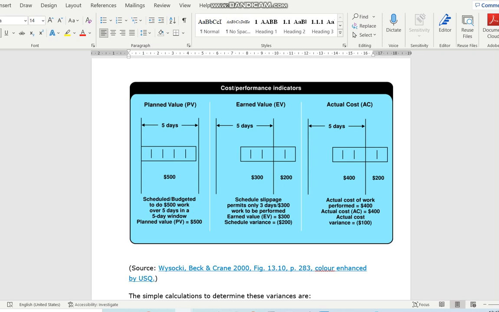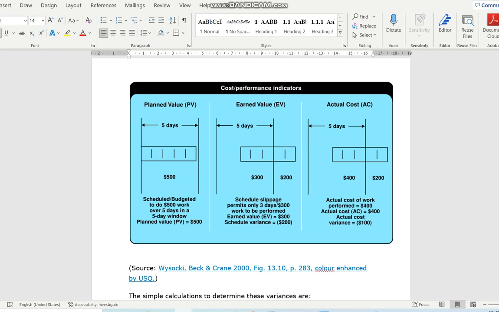So you need to calculate your PV. Your PV will be one house. Your plan value for one house is how much? Your one house budgeted cost of the work scheduled. So 1 month you are spending how much on the one house? You've got to understand the wordings.